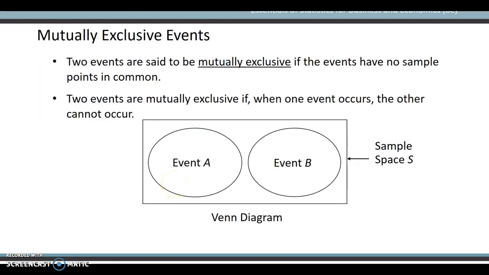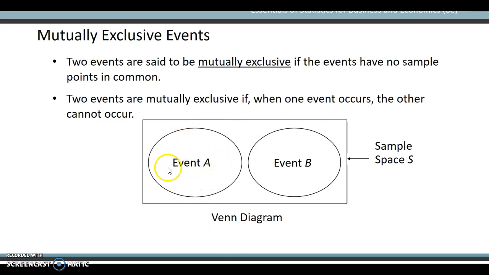Mutually exclusive events. Two events are said to be mutually exclusive if the events have no sample points in common. Two events are mutually exclusive if when one event occurs, the other cannot occur. This might be a Venn diagram for a roulette table.